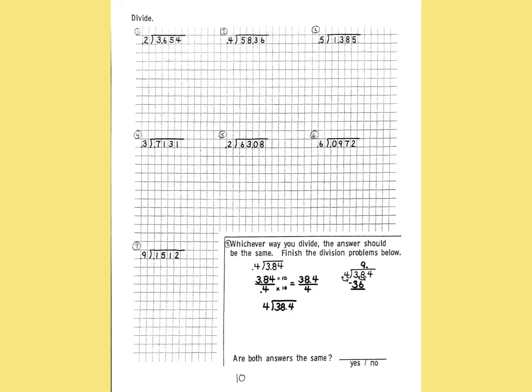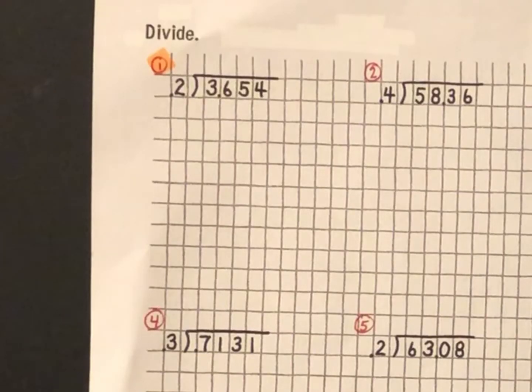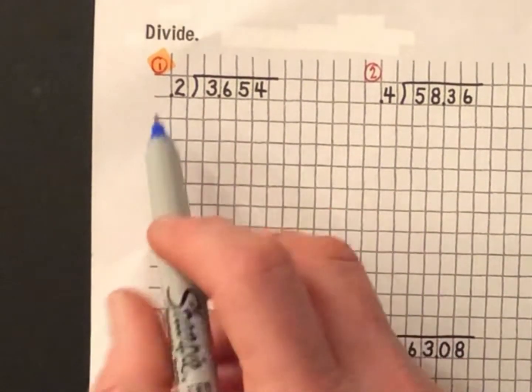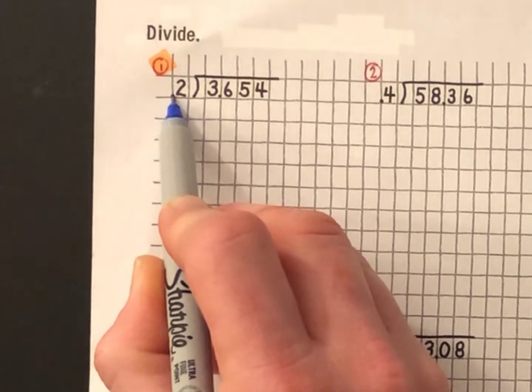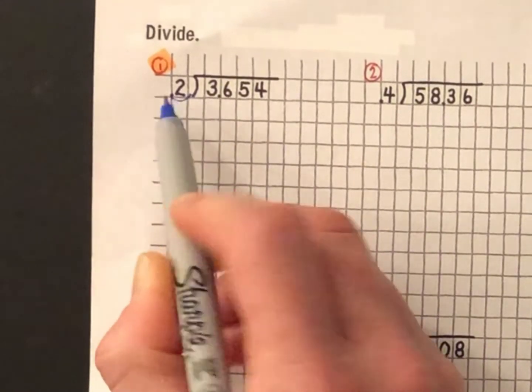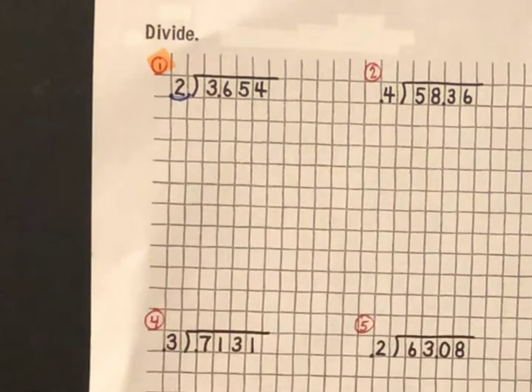And finally, page 10. These division problems all have a decimal in the divisor. And remember, you cannot divide with the decimals in the divisor, so you've got to move them. So let's come here. You've got to move this decimal 1 place to make that to a whole number.